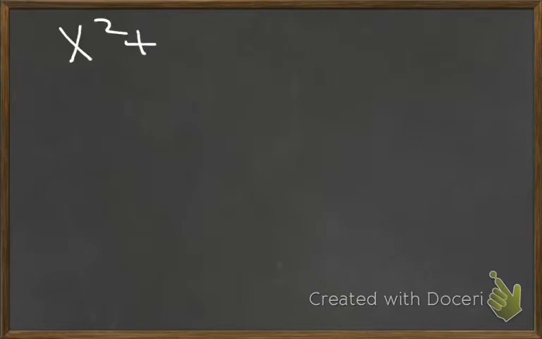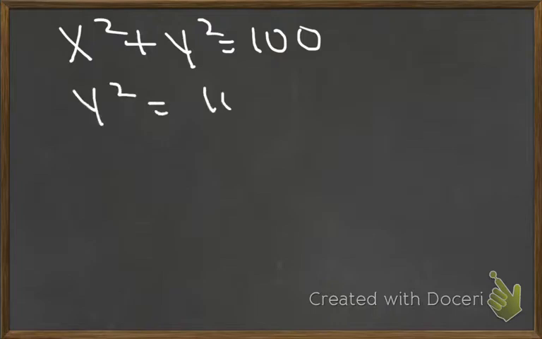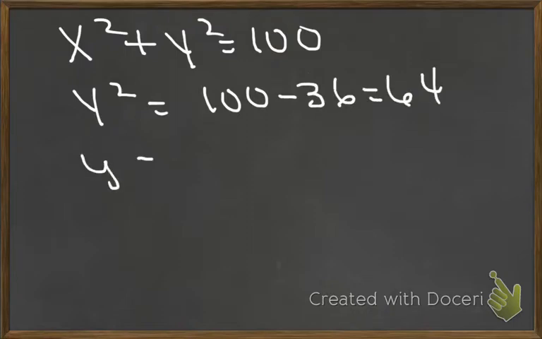x squared plus y squared equals 100. So that means that when x is equal to 6, then y squared is equal to 100 minus 36, or 64. So y is equal to 8 feet.